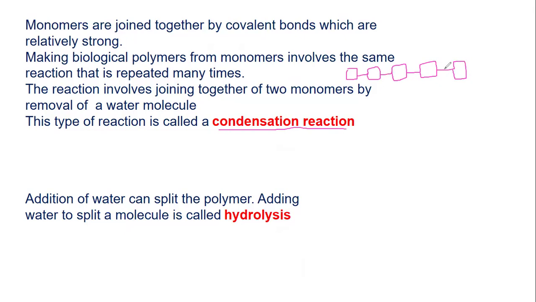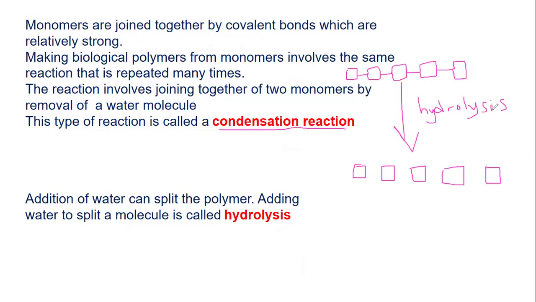Now, the way these bonds are formed, at the same time, the bonds can be broken. So we can have a reaction where this polymer is broken down back to its individual subunits. And that type of reaction that breaks down a polymer to its individual subunits is called hydrolysis.